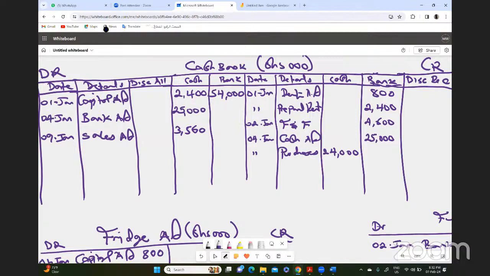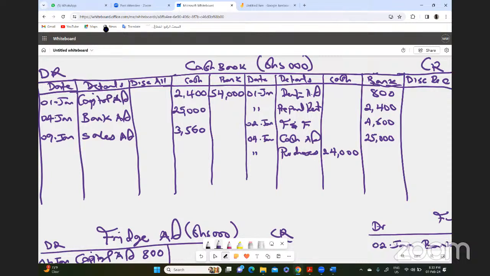You have to come up with a discount allowed ledger and a discount received ledger. These ones that you're seeing here are not a ledger. Please understand that.